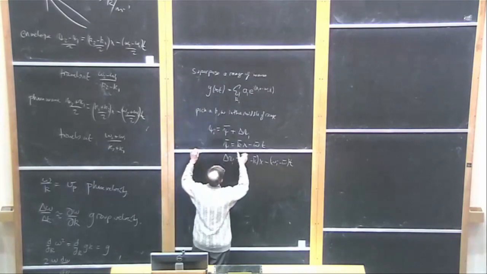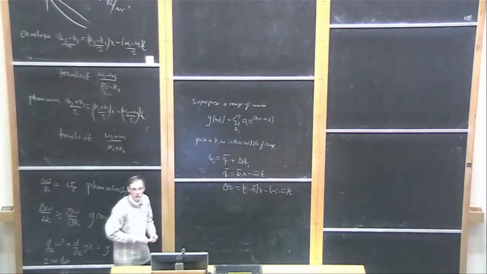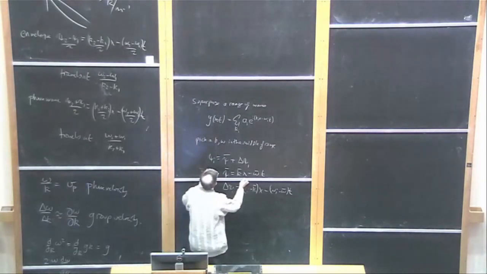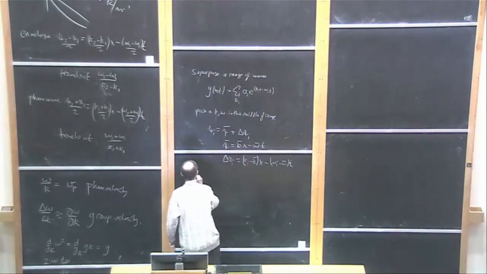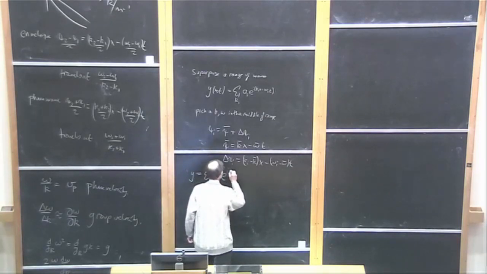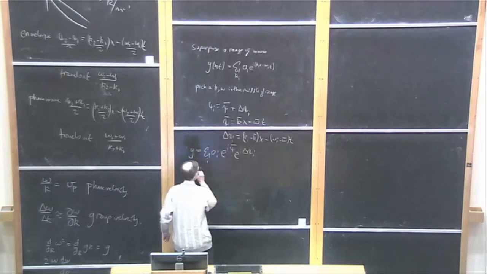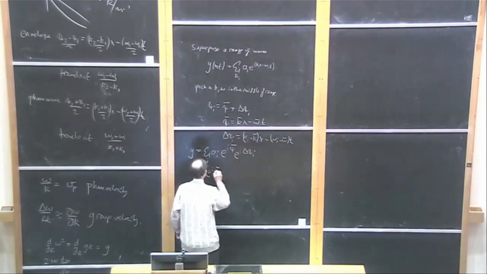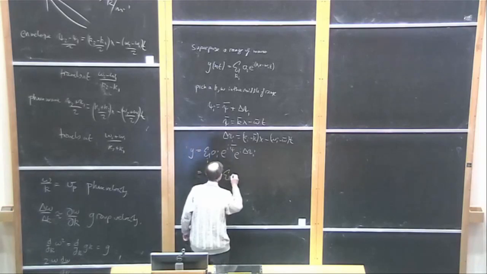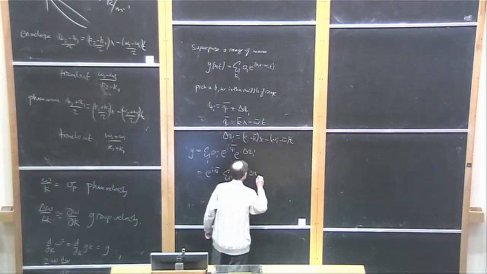And then I can factor out, because it's all multiplicative, and that is the great merit of using complex exponentials. If I substitute that in there, y is the sum over i of a_i e to the i psi bar e to the i delta psi_i. And so I can factor out e to the i psi bar, and then I'm left with the sum over i of a_i e to the i delta psi_i.